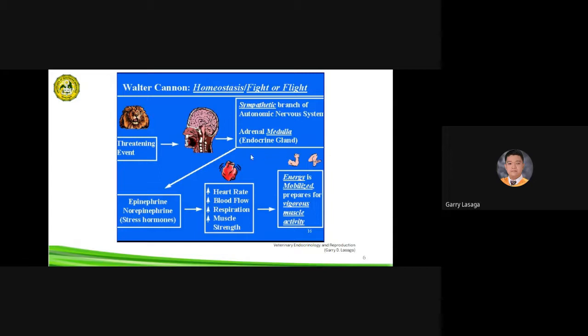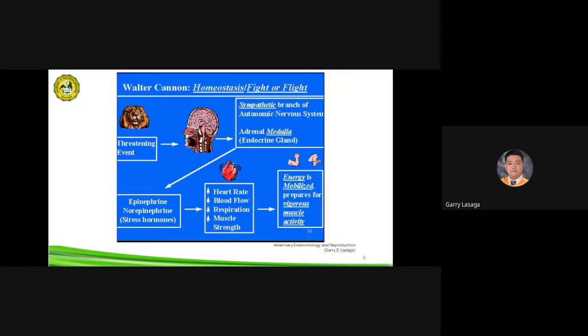And this adrenal medulla will be stimulated to release substances that are known as stress hormones, or they are also known as catecholamines. And these are the epinephrine and norepinephrine.